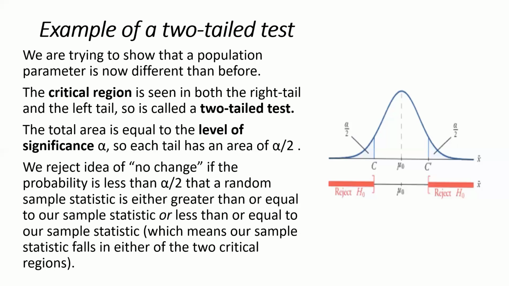We reject the idea of no change if the probability is less than alpha over 2 that a random sample statistic is either greater than or equal to our sample statistic, or less than or equal to our sample statistic. So our sample has to fall in one of the 2 critical regions.